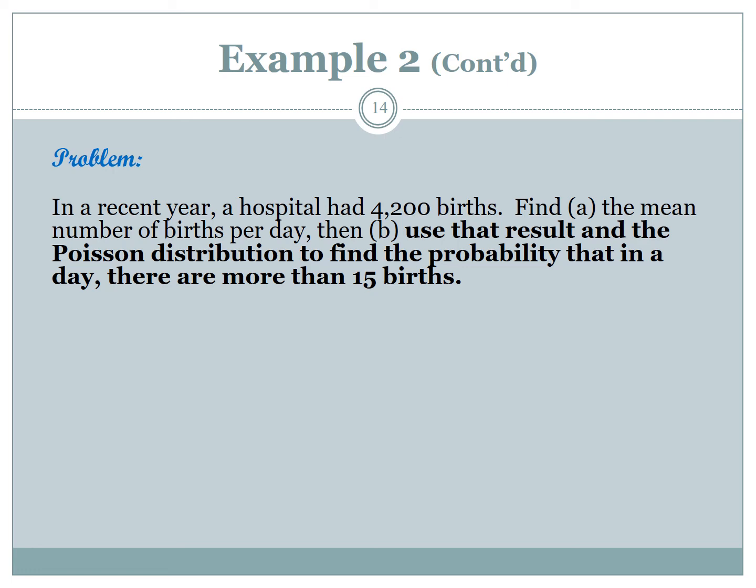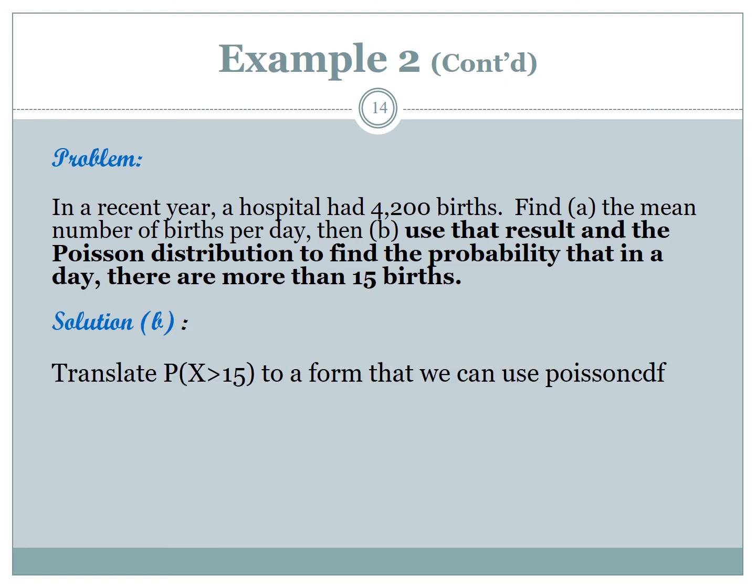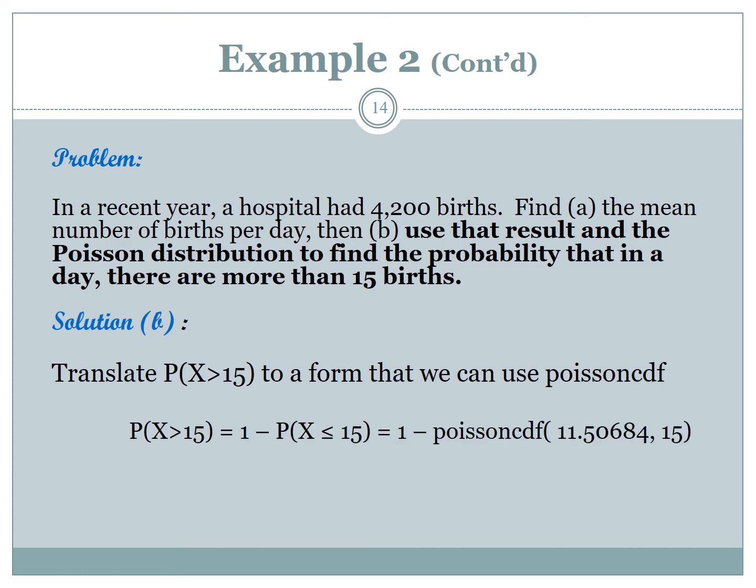But we can use some knowledge about probability to reformat the solution so that we can use Poisson CDF. So what we do is we translate the probability of x greater than 15 to a form that we can use the Poisson CDF, and that is the probability of x greater than 15 is equal to 1 minus the probability of x less than or equal to 15.